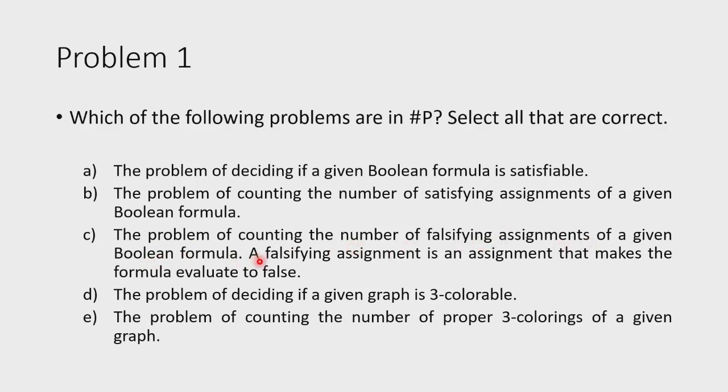An assignment is said to be falsifying if it makes the formula evaluate to false. Option D is the problem of deciding if a given graph is three-colorable. And option E is the problem of counting the number of proper three colorings of a given graph. So the answer to this question is options B, C, and E.